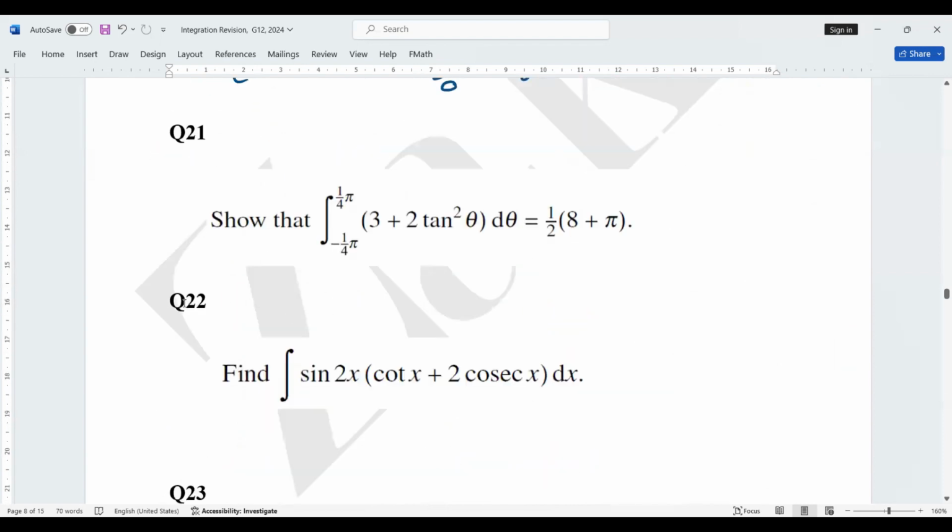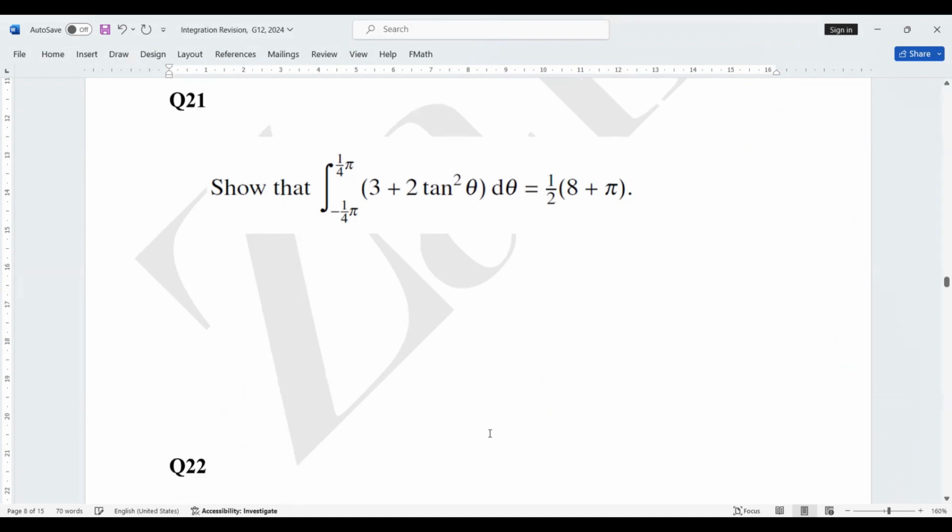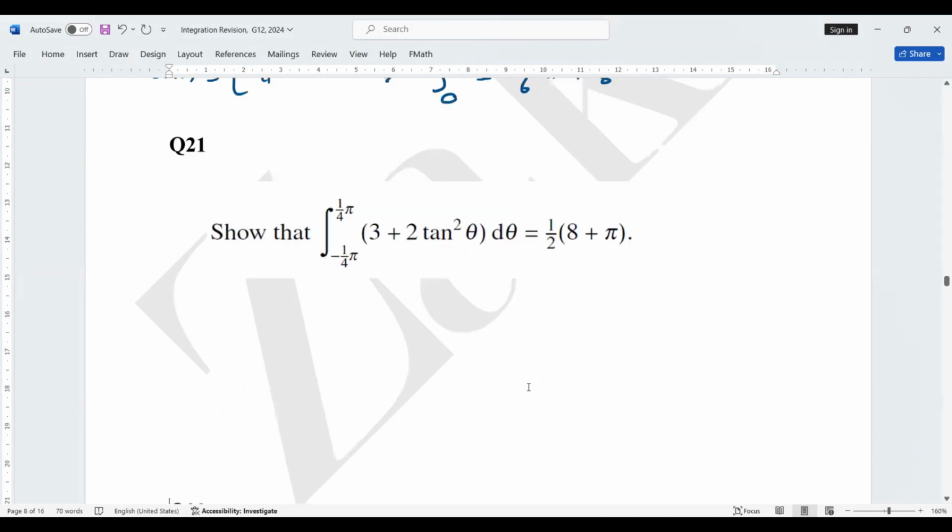Show that. Now, try to solve this question, please. Question number 21. Show that. Remember, we don't have integration of tan squared.